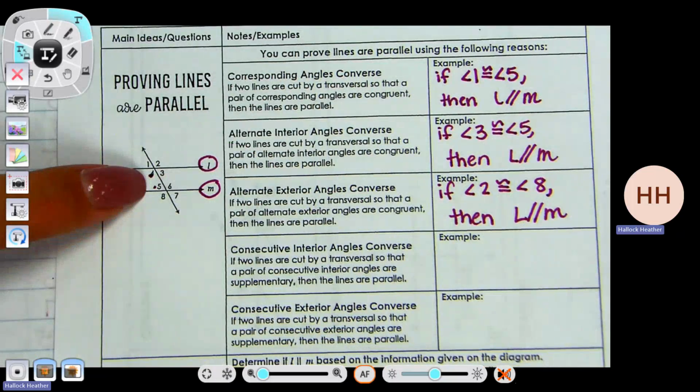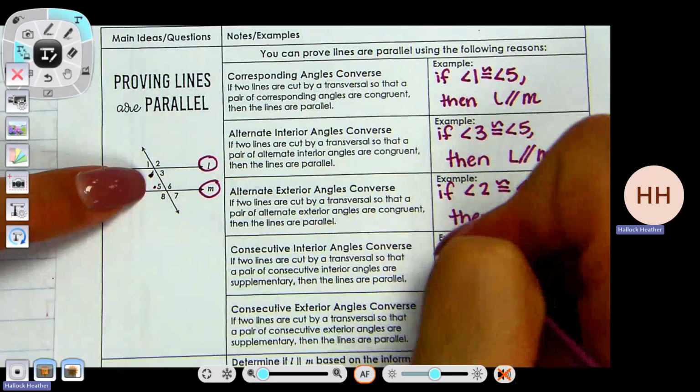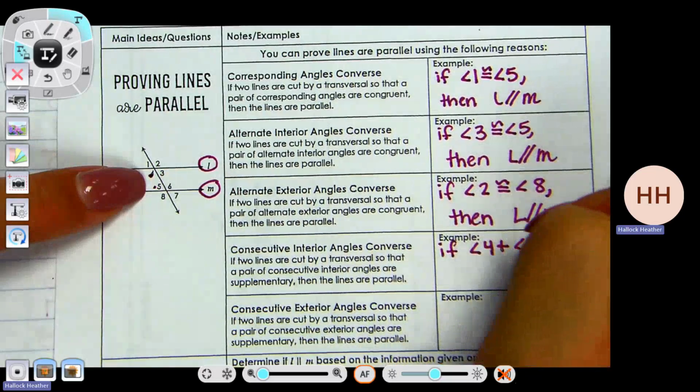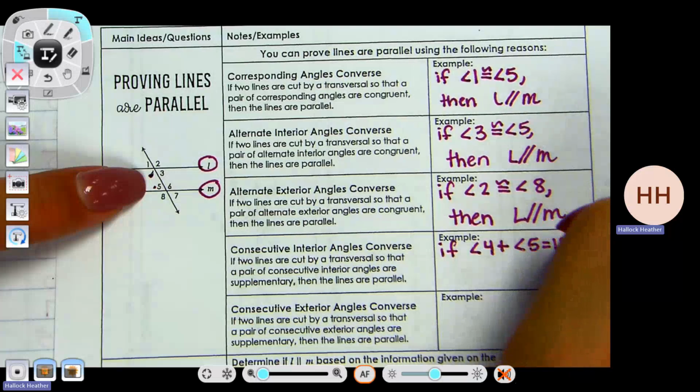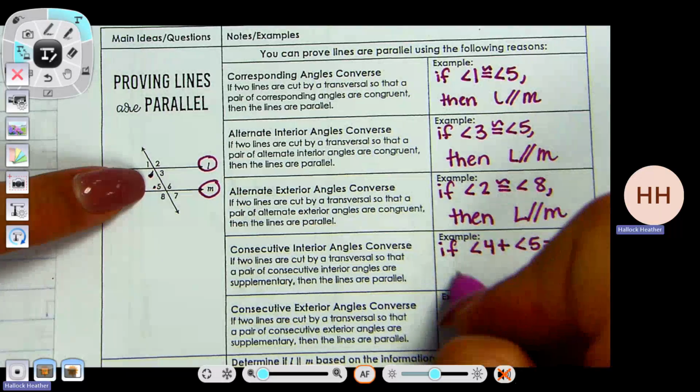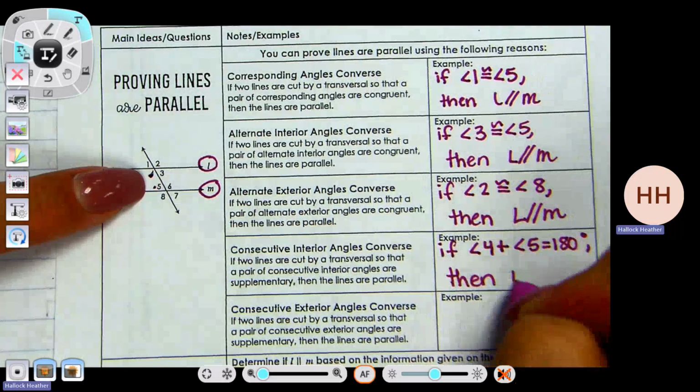They're consecutive, meaning same side, interior. So we're going to say if angle 4 plus angle 5 equals 180 degrees, so if we could prove that they made 180 based on numbers, then L is parallel to M.